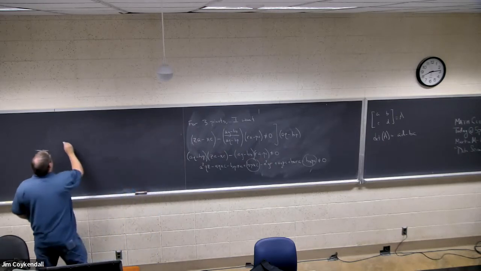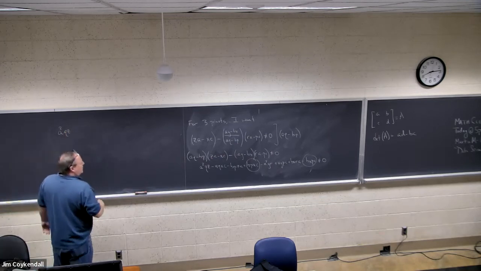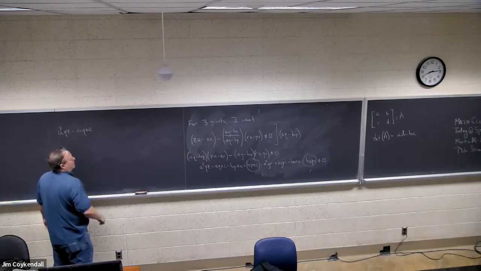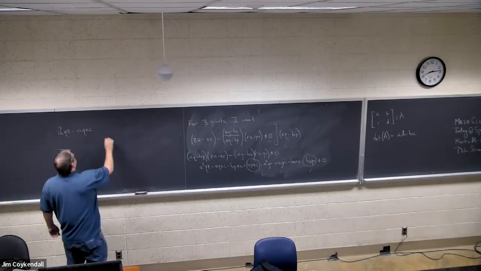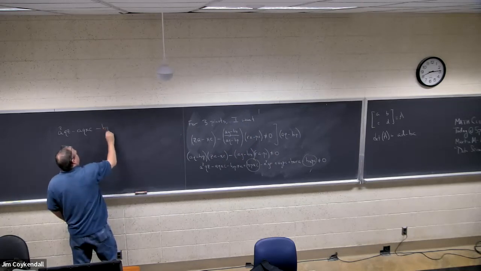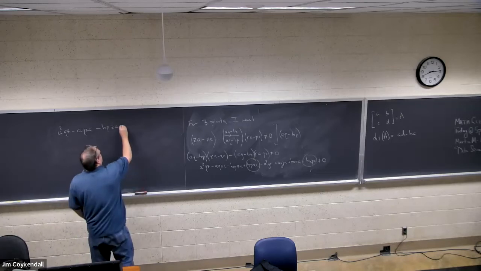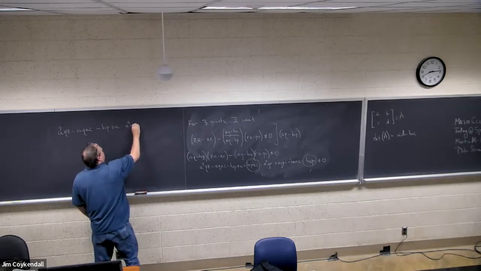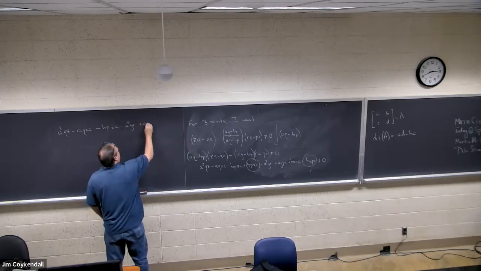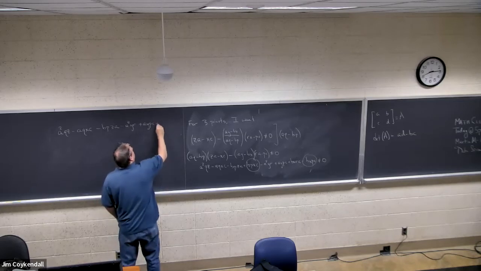So what I now get is A squared QZ minus AQXC, minus BPCA, minus A squared YR, plus BYPC, plus BXR.